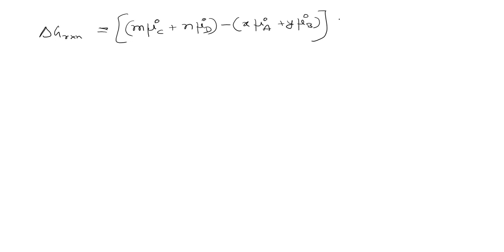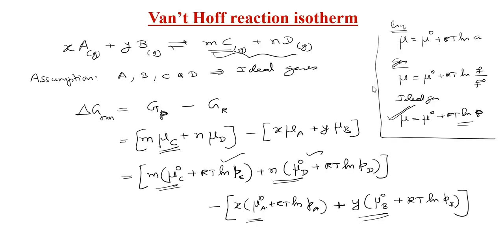Then we have the other term, that is RT. See here, if I multiply this M here, you'll get RT into M. If I apply the power rule, you can bring this M to the power.